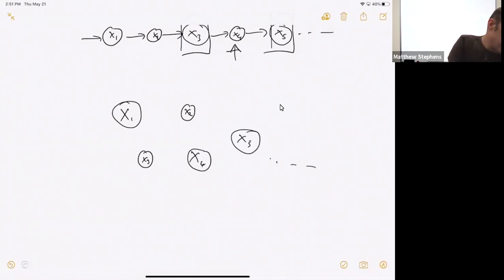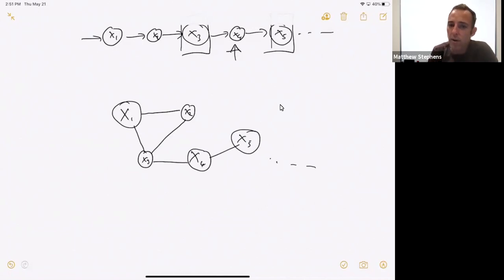And the idea being that some of them are dependent on one another, even given the others. So people will draw a graph like this, where the line between two nodes indicates that omega ij is not equal to 0. If there's no line, omega ij is 0. If there's a line, omega ij is non-zero.